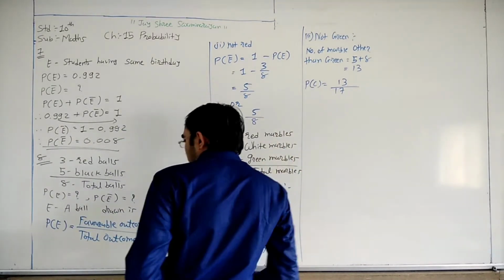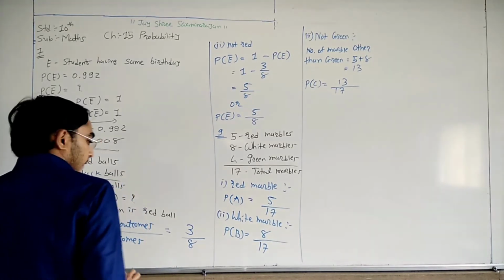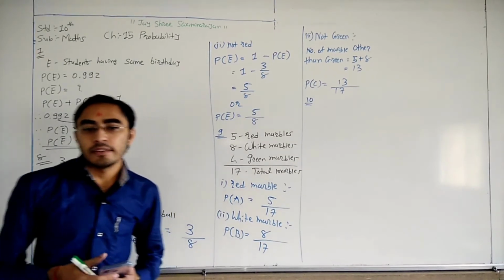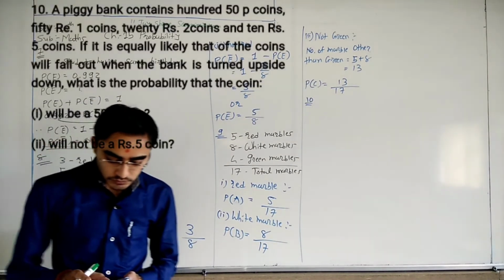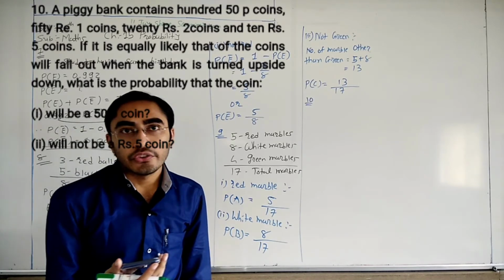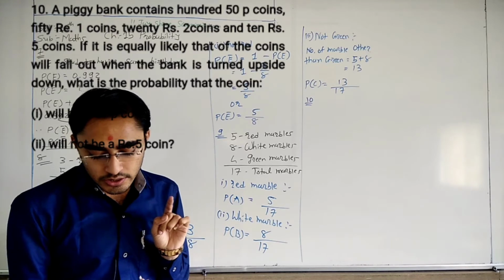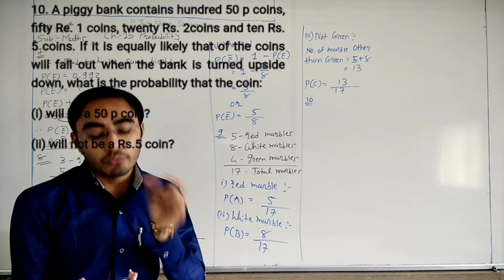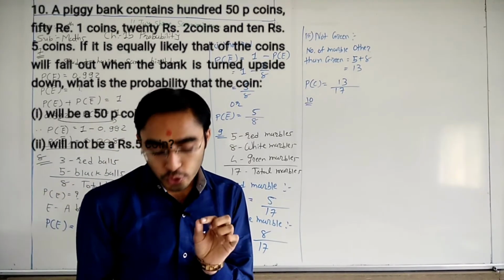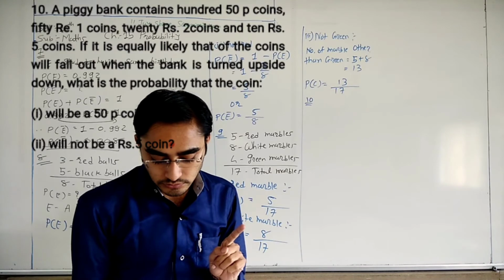Then next is question number 10. A piggy bank contains 100 50 paisa coins, 50 rupees 1 coins, 20 rupees 2 coins, and 10 rupees 5 coins.